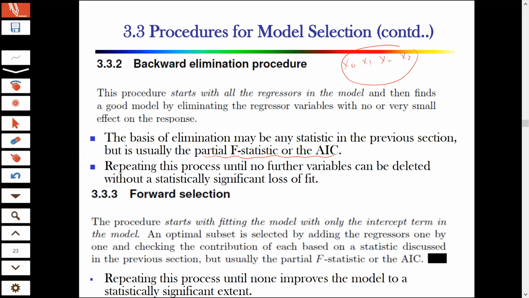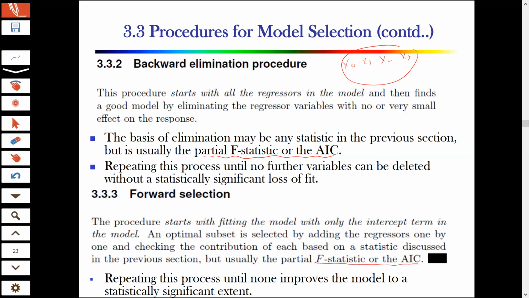Another one is called forward selection. This procedure starts with fitting the model with only the intercept term. An optimal subset is selected by adding the regressors one by one and checking the contribution of each, based on a statistic discussed in the previous section, but usually the F statistic or AIC.